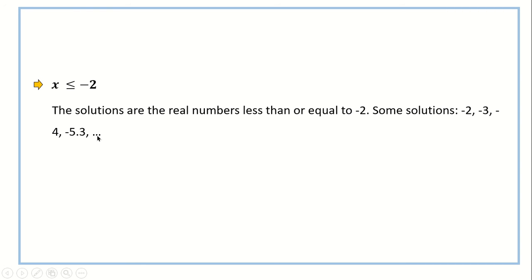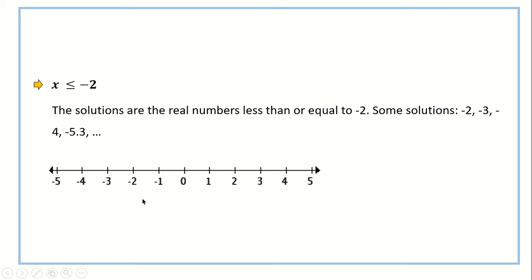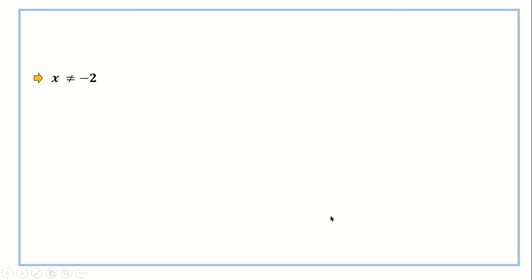So let us use a number line to show these solutions. Remember, we are having less than or equal to -2. This means that -2 is included. So then we will use a closed circle and then we move to the left.